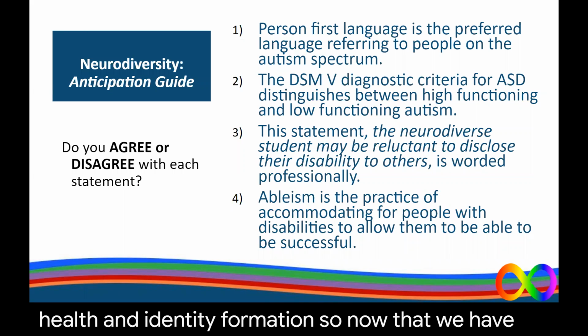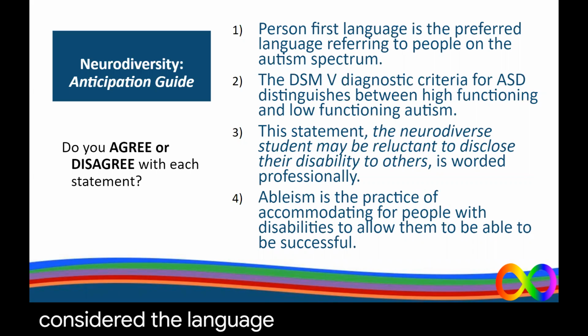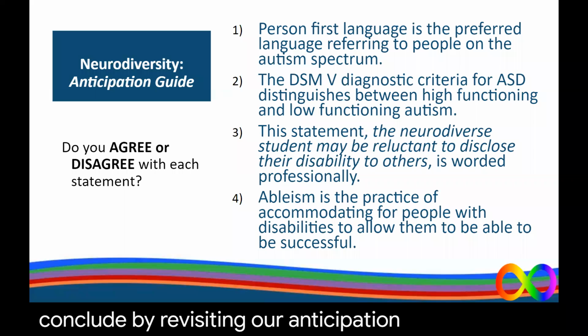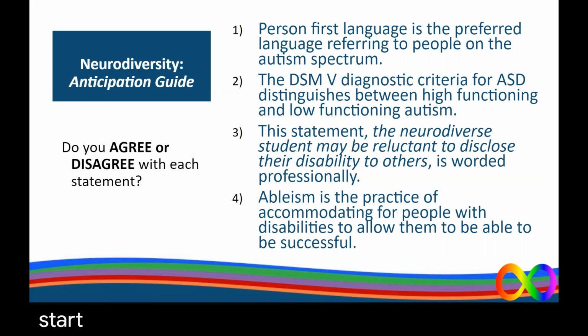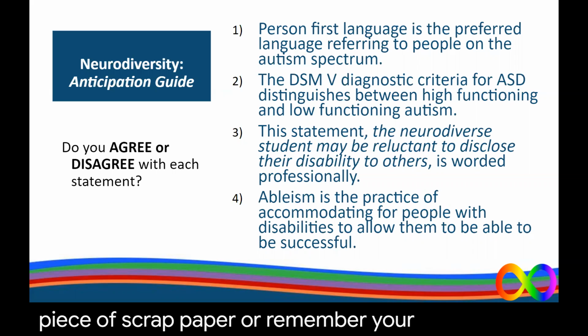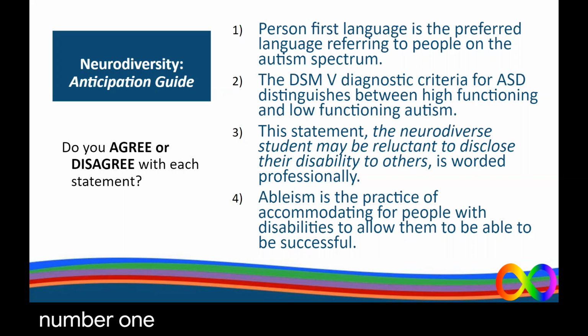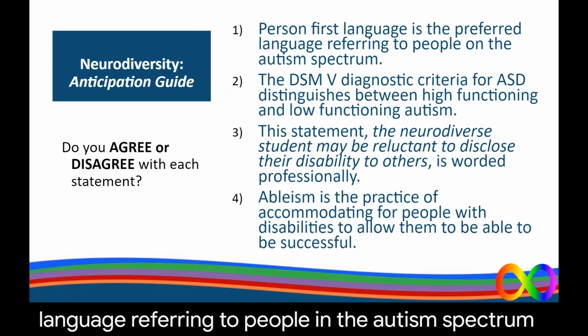So now that we have considered the language around neurodiversity, let's conclude by revisiting our anticipation guide from the start of this session. So it's time to find that piece of scrap paper or remember your selections. Number one, person first language is the preferred language referring to people in the autism spectrum.